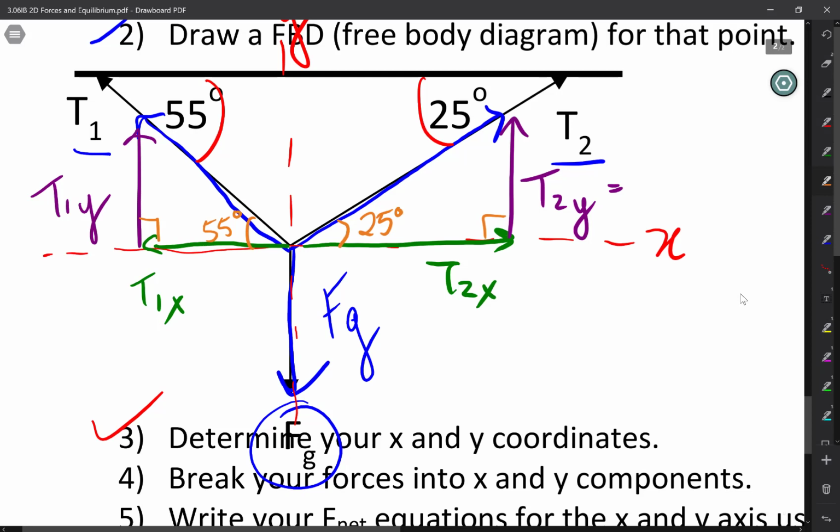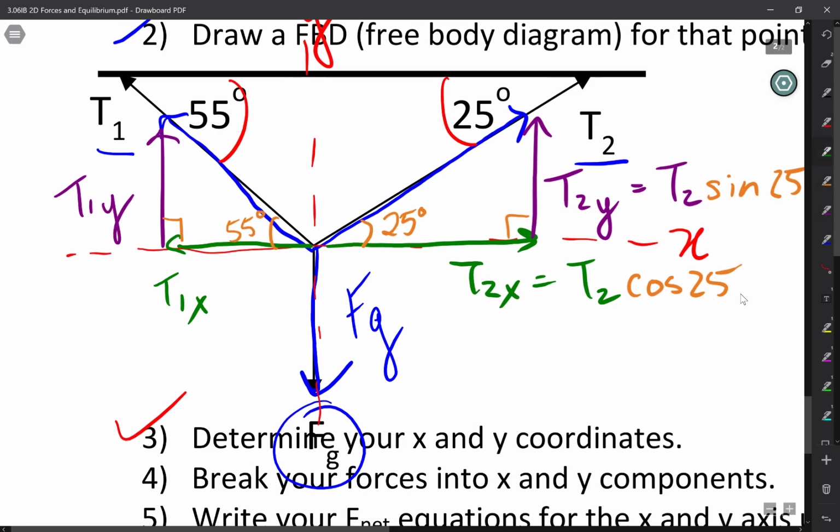Okay, there are your angles, which makes your T2y equal to your T2. And this is the opposite side, which is sine of 25 degrees. For T2x, on the contrary, will be T2, and instead of sine, it is the adjacent side, making it cosine of 25.